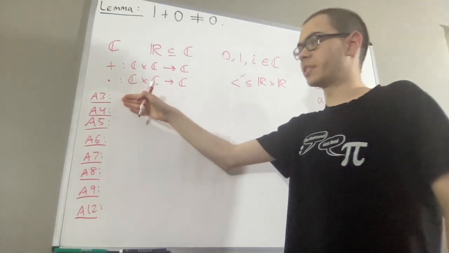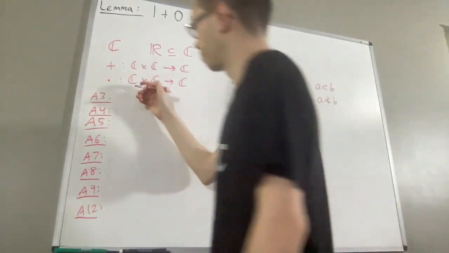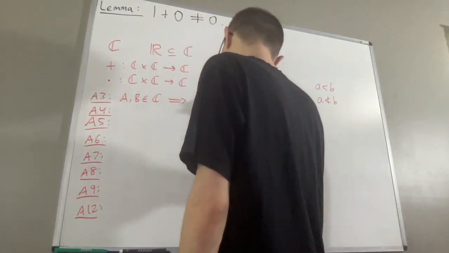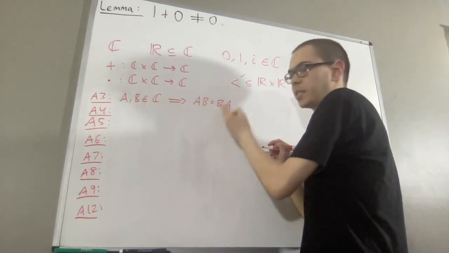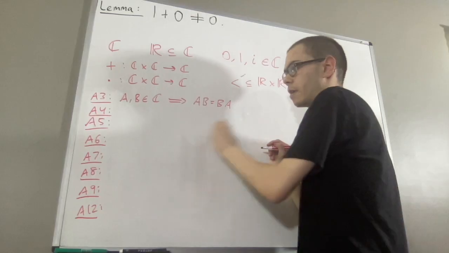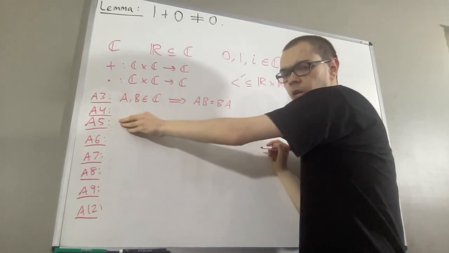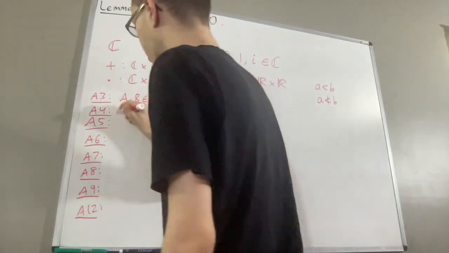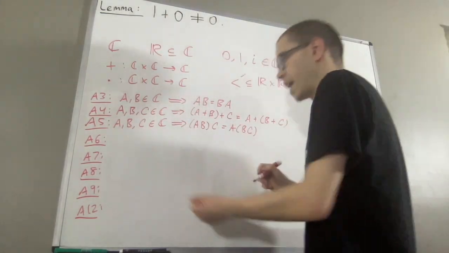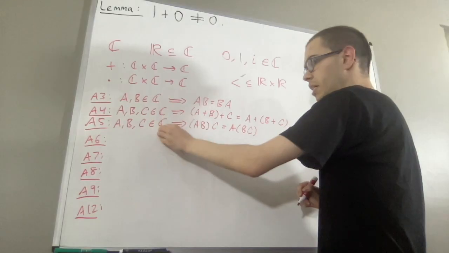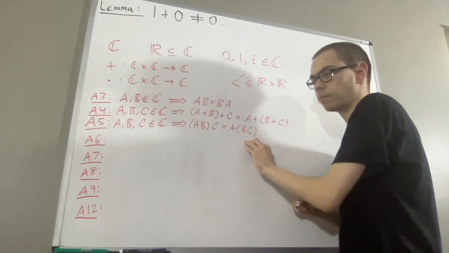Now, axiom 3 is the commutative law for multiplication. So given any two complex numbers, a and b, a times b is equal to b times a. Axioms 4 and 5 are the associative laws for addition and multiplication. So given any three complex numbers, a, b, and c, these equalities hold.